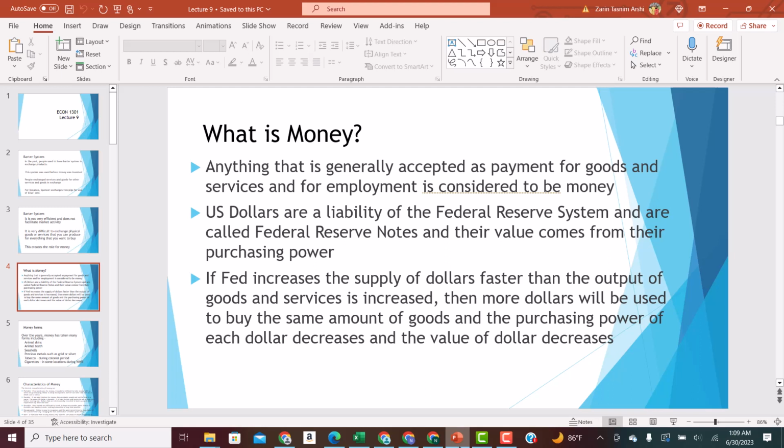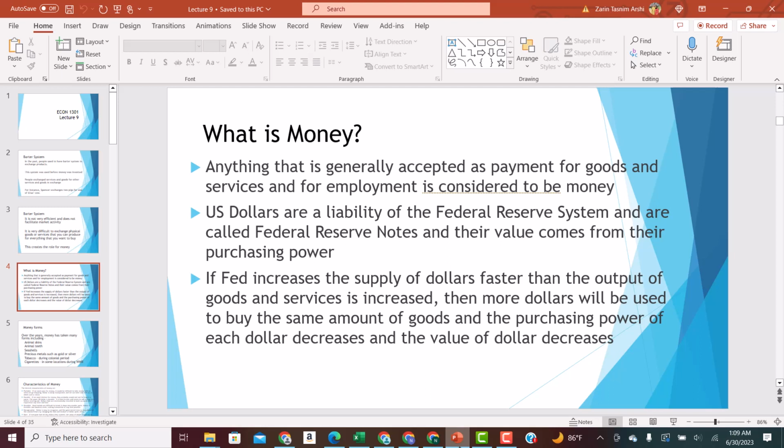Okay, so the US dollar is a form of money. For the Federal Reserve it is a liability, and they are called Federal Reserve notes. Okay, but we're going to get to that in a little bit. But the formal definition is anything that is accepted as a means for the payment of goods and services and for employment is considered to be money.